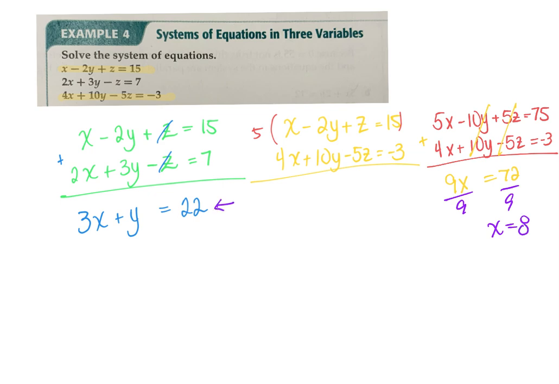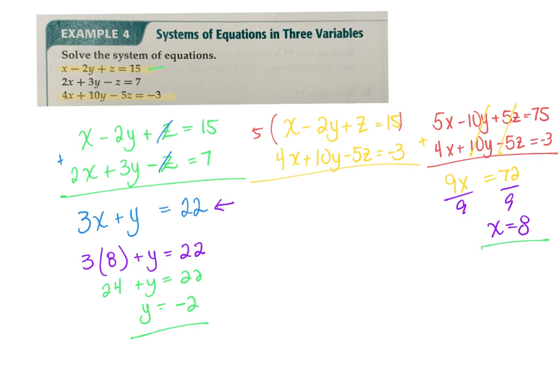I have a 2-variable equation with an x and y. I can plug it in here. 3 times 8 plus y equals 22, right? Solve. So 3 times 8 is what? 24. Plus y equals 22. So what is y? -2.